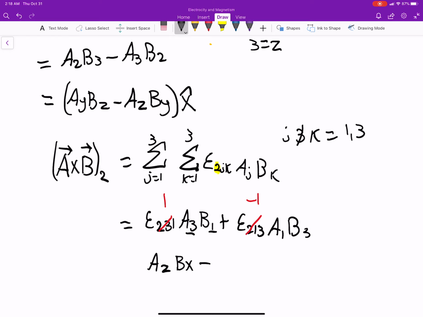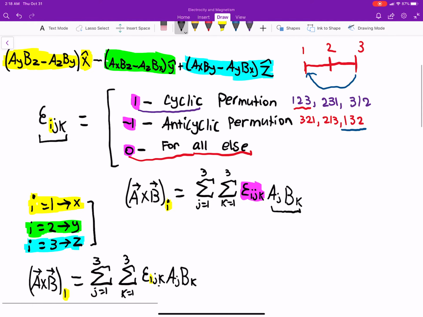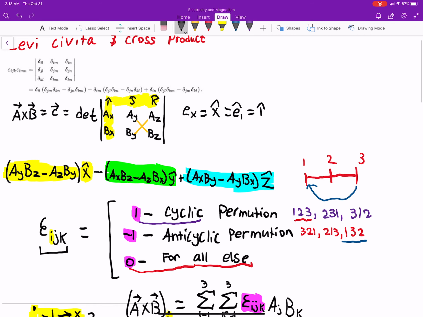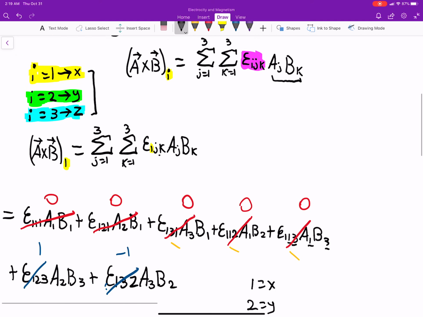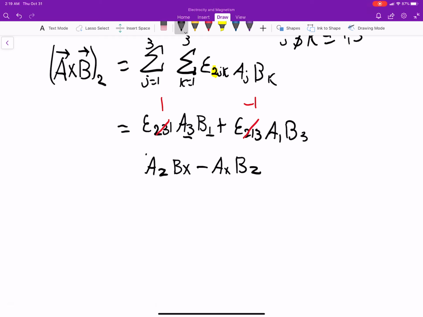So this is minus AX BZ, which looks a little different than what we did with the cross product, because with the cross product, remember, we always have that negative out front. But if you were to distribute this, you would get AZBX, which is what we got, minus AXBZ. And this is for your y. And then just to show you, A cross B, maybe try that one. 3.